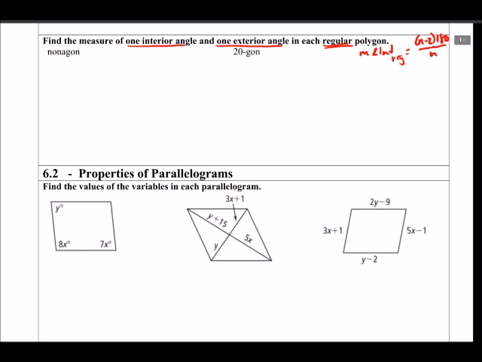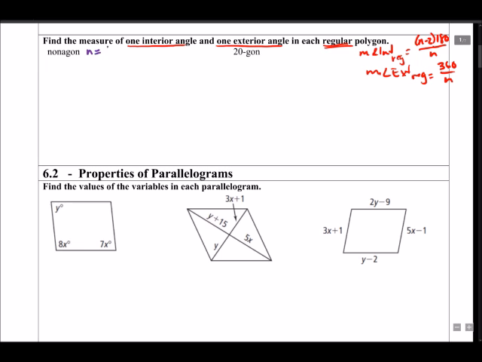And we also know that the measure of one exterior angle of a regular polygon is, what do we know about exterior angles? We know the total is always 360, and we can divide that by the number of sides. So let's do our first problem here.